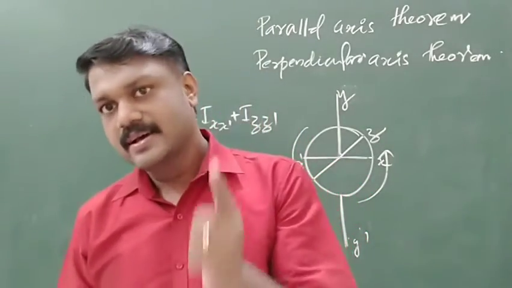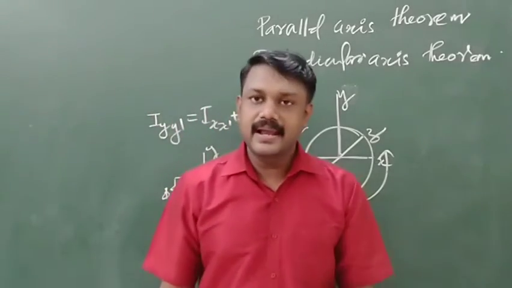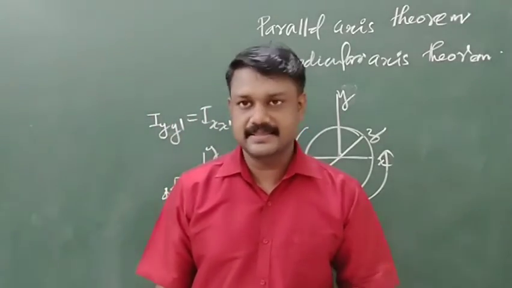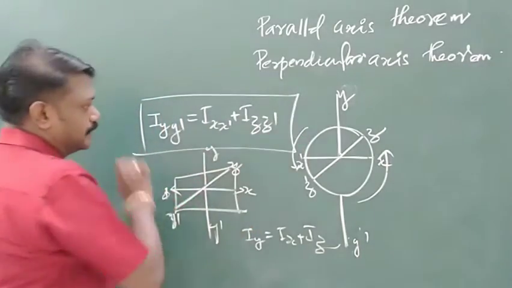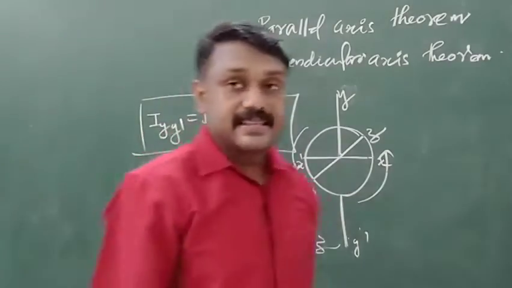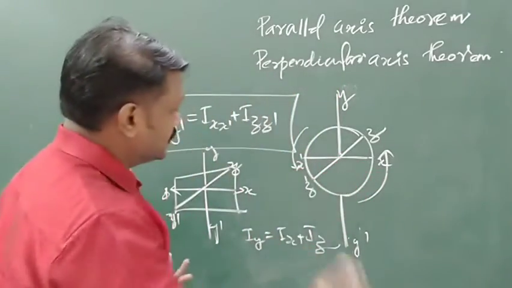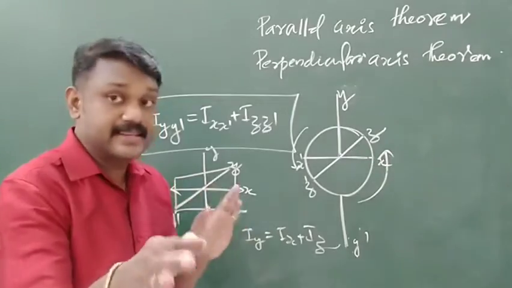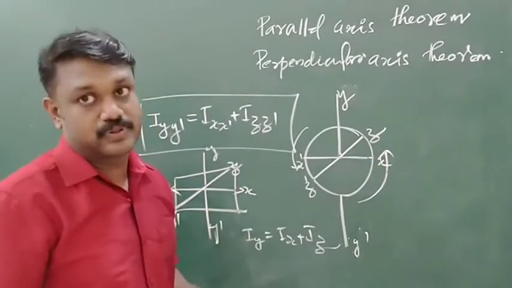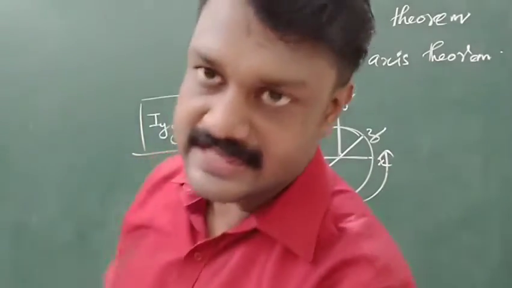So remember the statements for the parallel axis theorem and the perpendicular axis theorem. The mere statement will not define the perpendicular axis theorem, and I equals ICM plus m a square alone will not define the parallel axis theorem. So you have to learn the definition along with these equations.